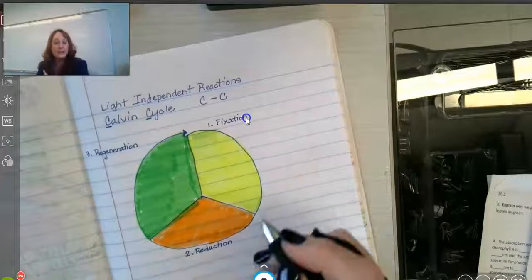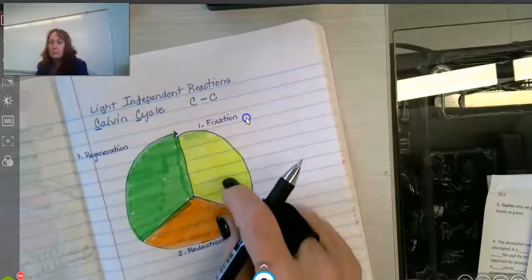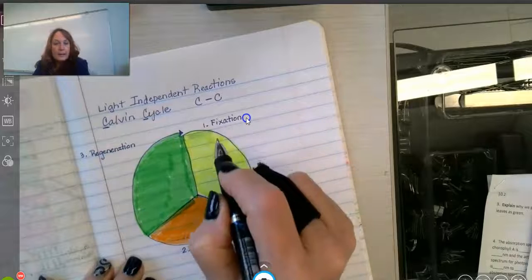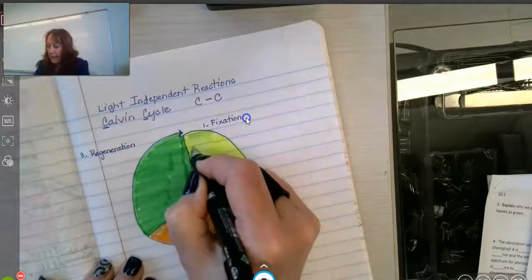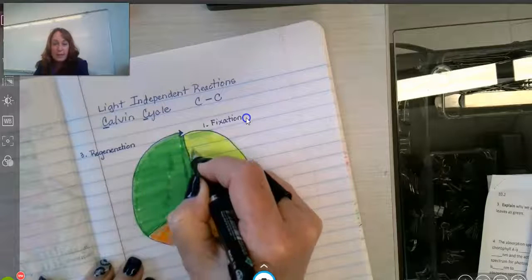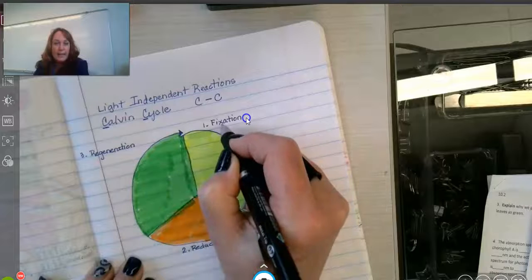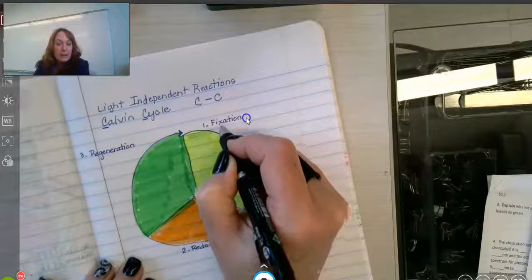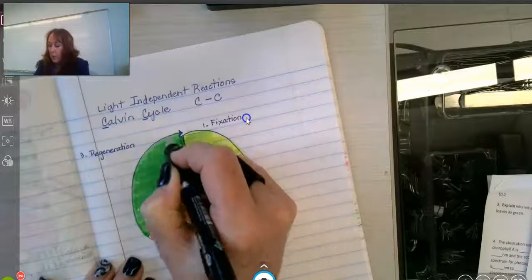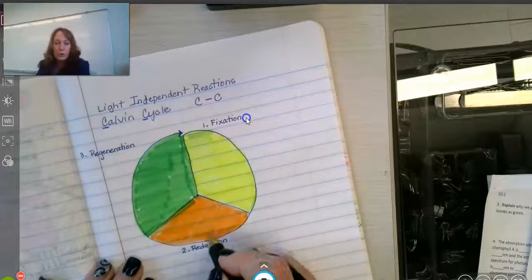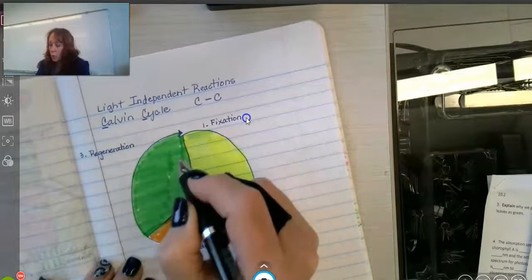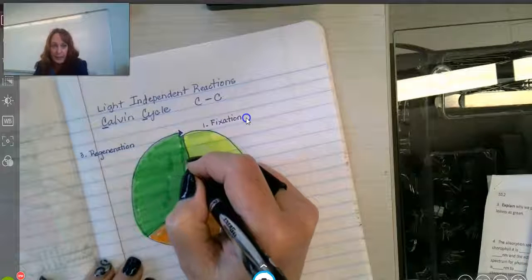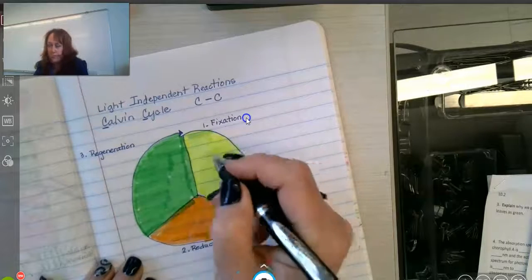So fixation, this is driving me crazy, is the process of taking this precursor molecule, this beginning molecule, and attaching, fixing, sticking something to it. So the Calvin cycle starts with this really cool molecule, and we're just going to call it RuBP, ribulose bisphosphate.